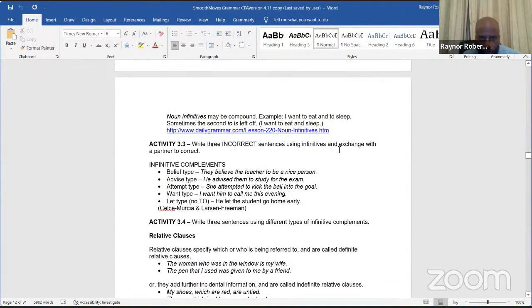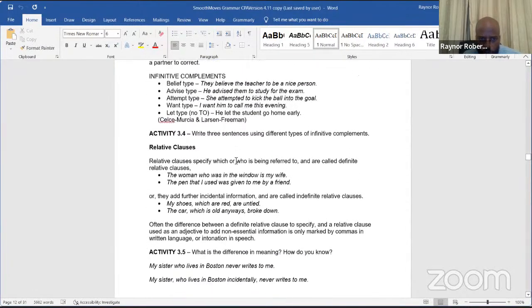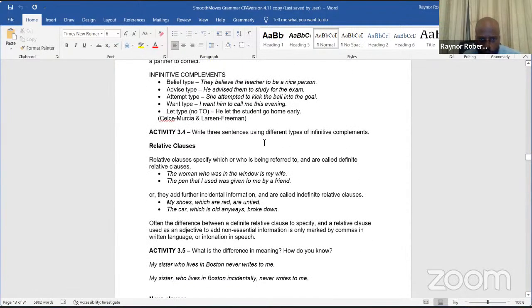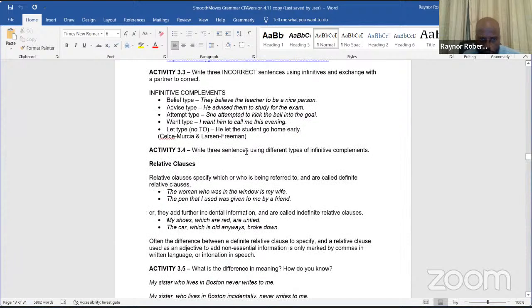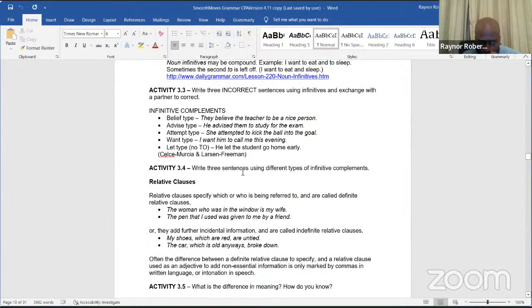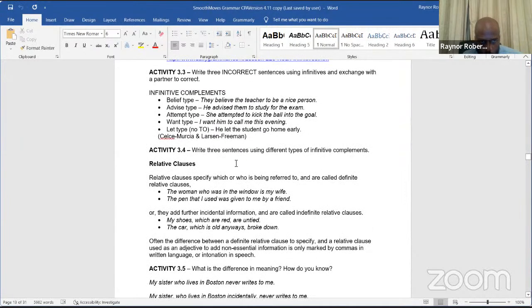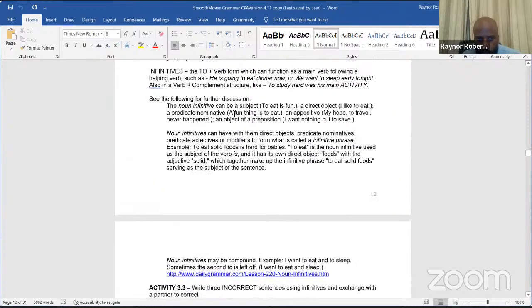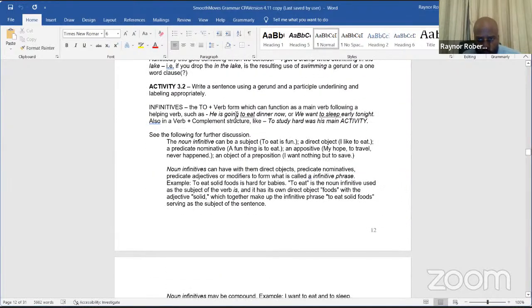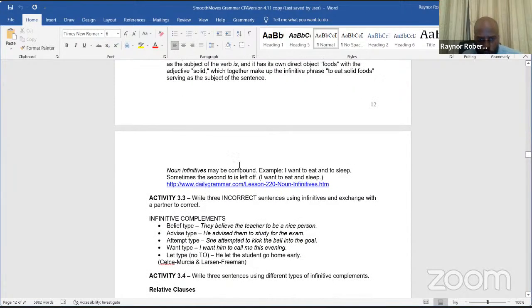Write three incorrect sentences using infinitives, that's for a group, so we don't need to do that. The last thing I recall was the noun clauses. I think we accomplished the noun clauses, right? We talked about those.